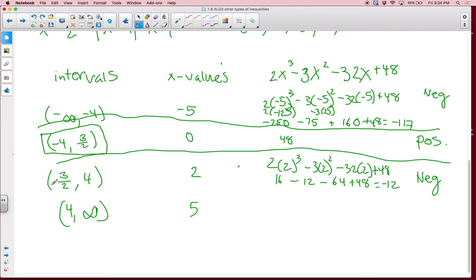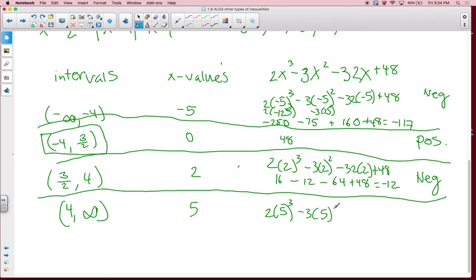And then finally we plug in 5 for our last interval. We have 2 times 5 cubed minus 3 times 5 squared minus 32 times 5 plus 48. That is 125 times 2, which is 250. 25 times 3, negative 75, minus 160, plus 48.